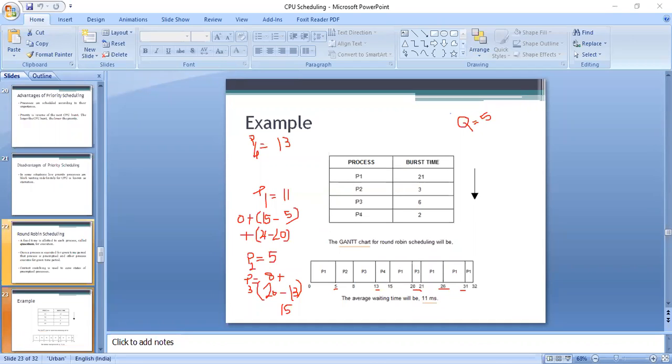So what will be the average waiting time?